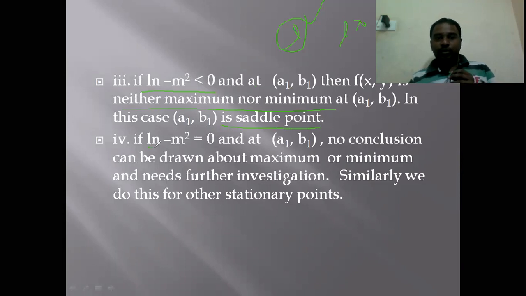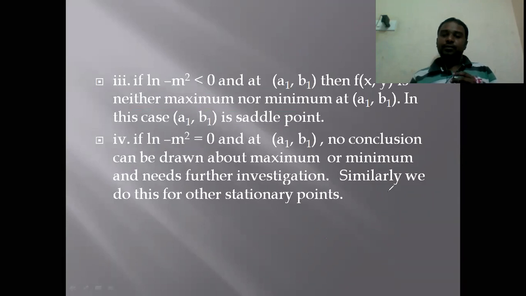Fourth case, if ln minus m square equals 0 at that particular point, we say that no conclusion can be drawn. We need further investigation. We require more tools to conclude in that particular situation.